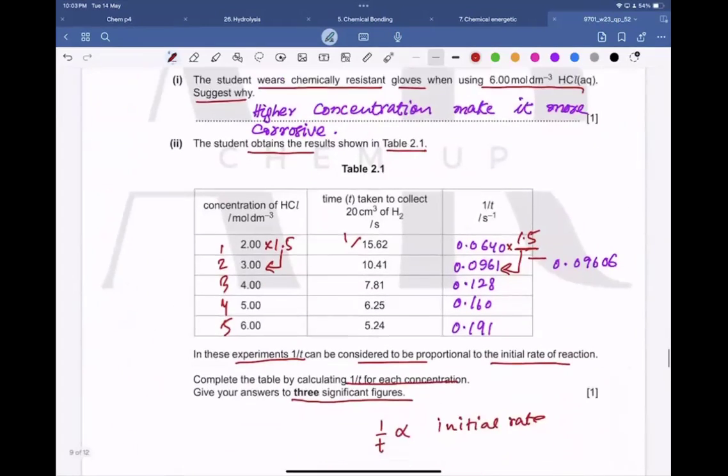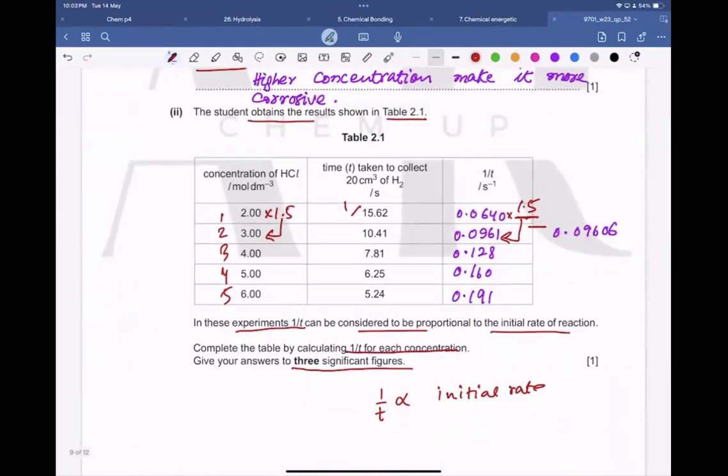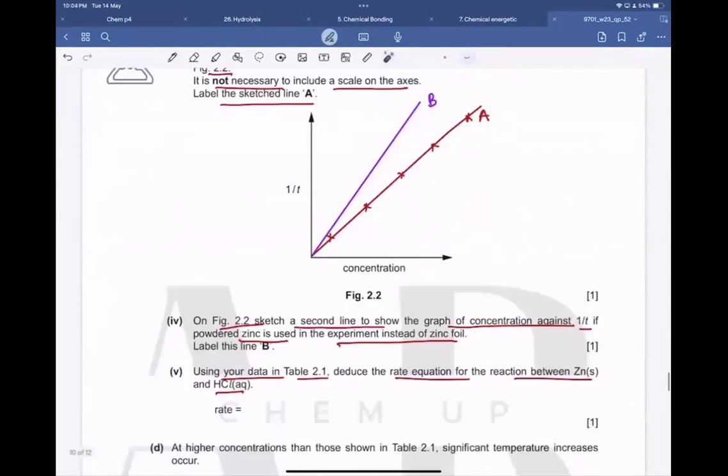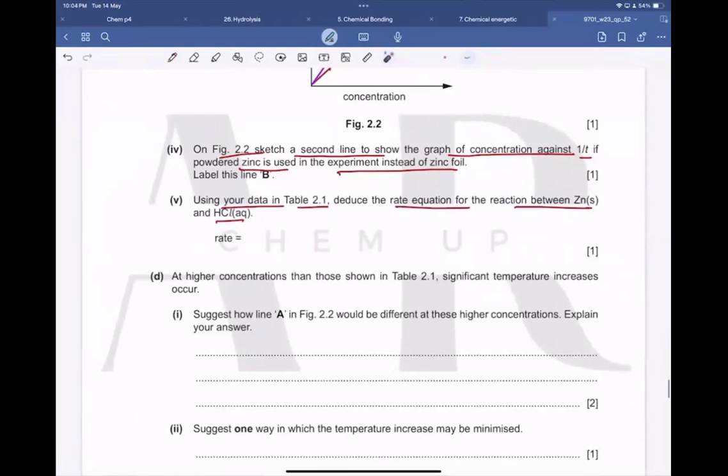Here we have the concentration of HCl getting changed, right? And we see that these two are getting changed by the same factor, which means that the order is going to be first order. And so we are going to write that rate is equal to rate constant k times the concentration of hydrochloric acid raised to the power 1.